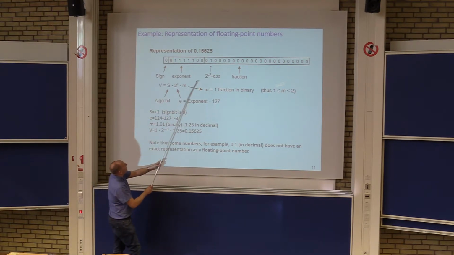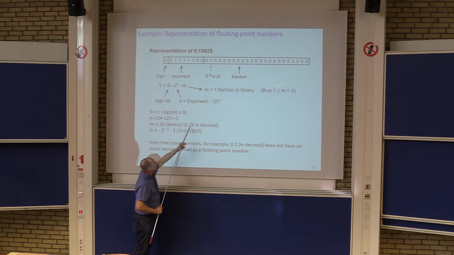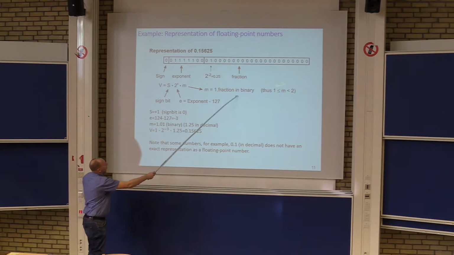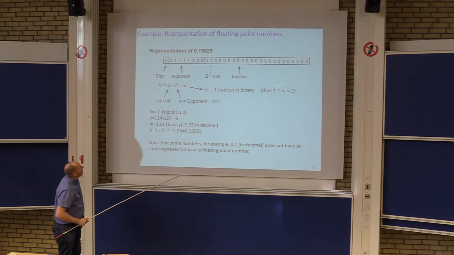So the fraction part then will be 1.25, since it was 0.25 from this formula. Okay, and then we had 2 to the power of minus 3. So it will be 1 over 8 times 1.25.